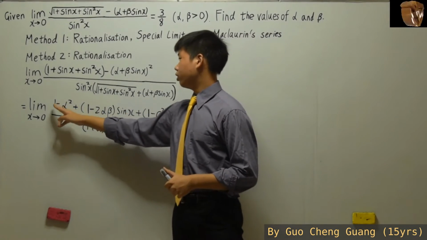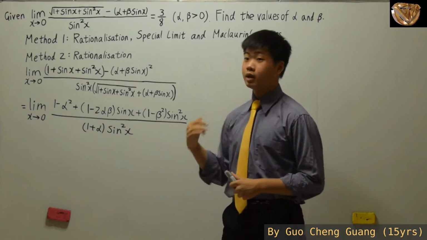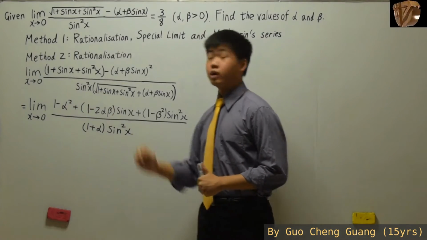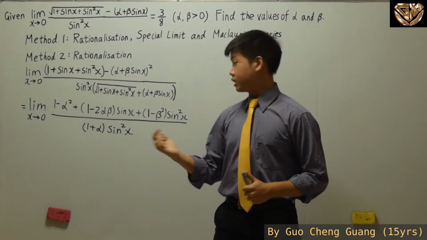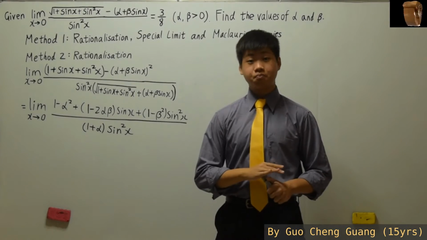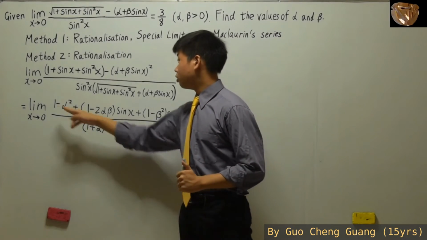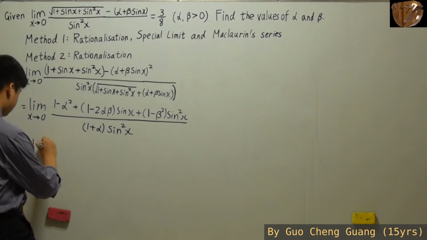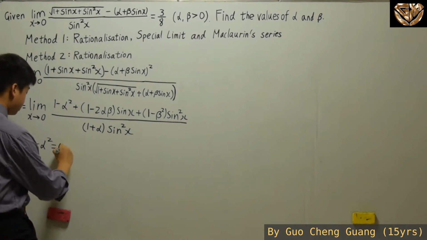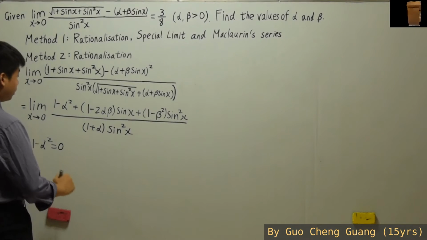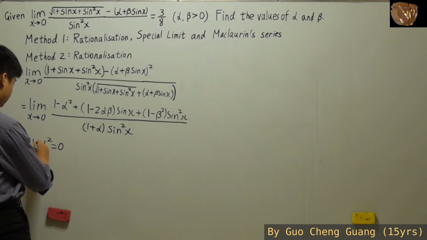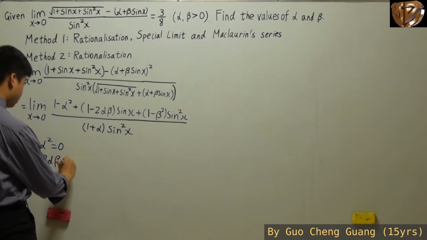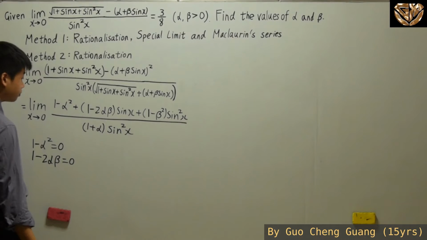In the first term, where you have 1 minus alpha squared divided by something that approaches to 0, if 1 minus alpha squared is something other than 0, the entire thing becomes infinity, which is not right. So 1 minus alpha squared has to be 0, right? And 1 minus 2 alpha beta would also have to be 0.